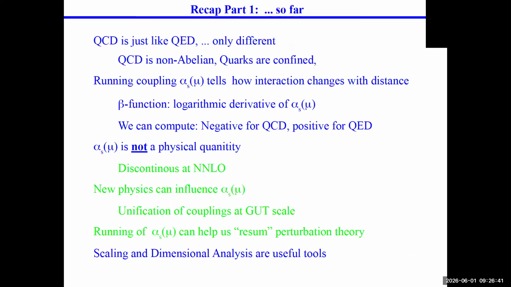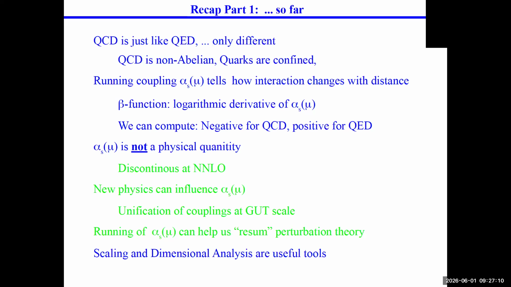Okay. And so let me just pause and recap a little bit so far. So QED is just like QCD is just like QED, only different. And it's that non-abelian feature that makes all the difference and gives us all the headaches, but it gives us all the very interesting structure of QCD that we're going to take advantage of. And the running coupling, that is, the coupling depends on the scale or the energy. That's how interactions change with scale.